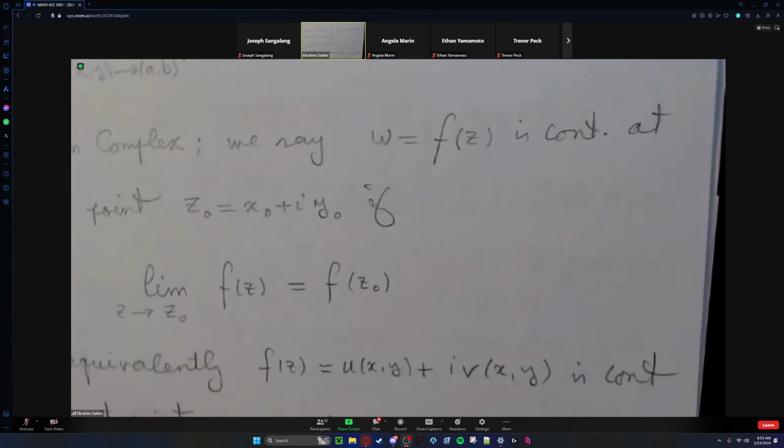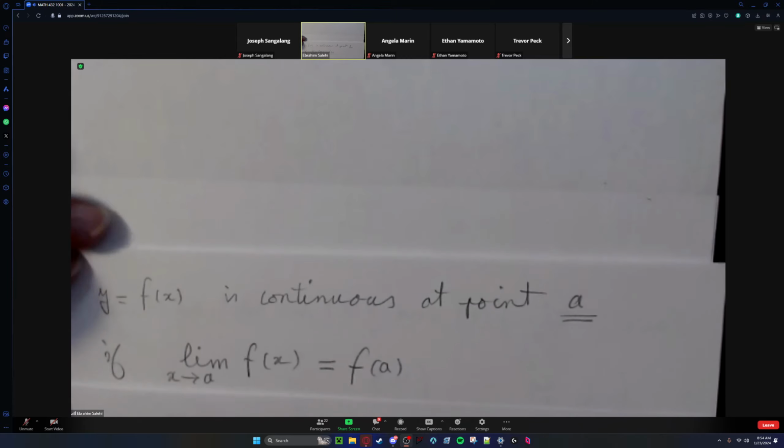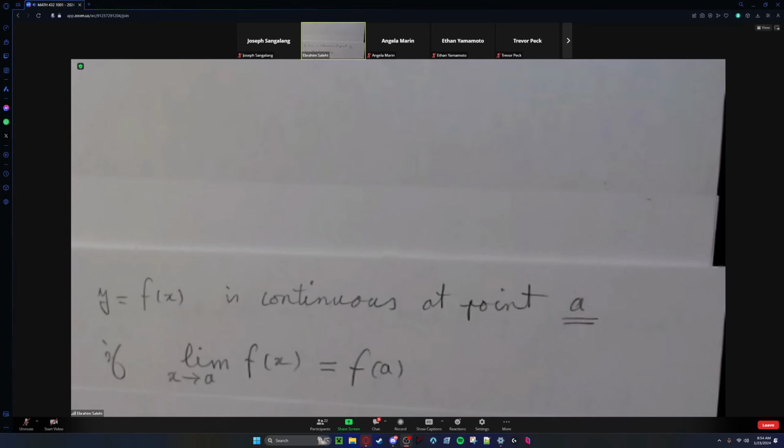What about the concept of continuity? Now let's look at the concept of continuity, starting from calculus 1. In calculus 1, you have a function of one variable.